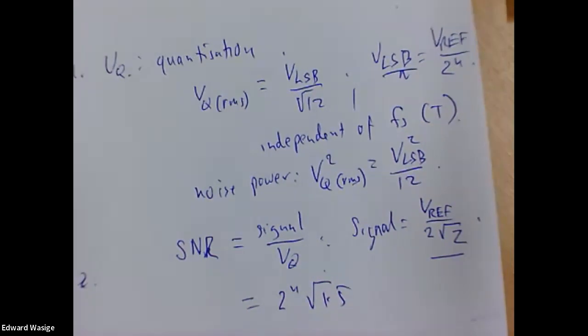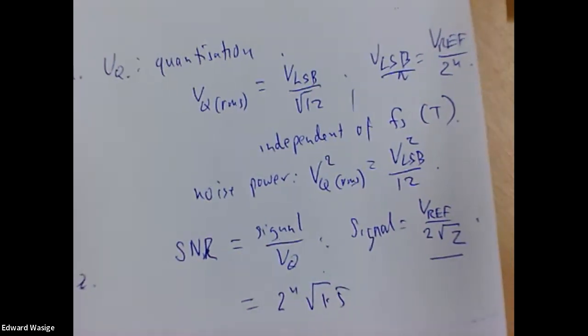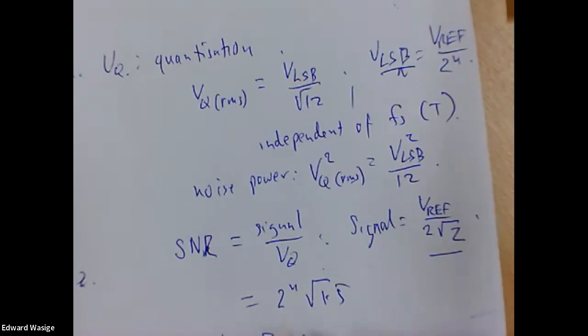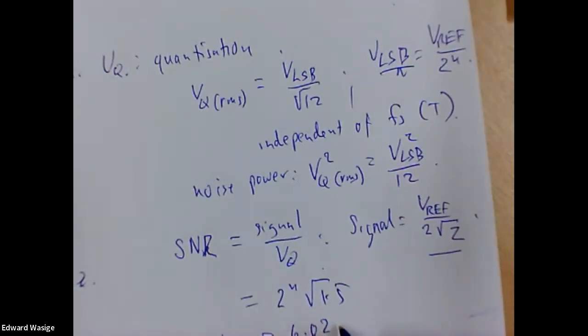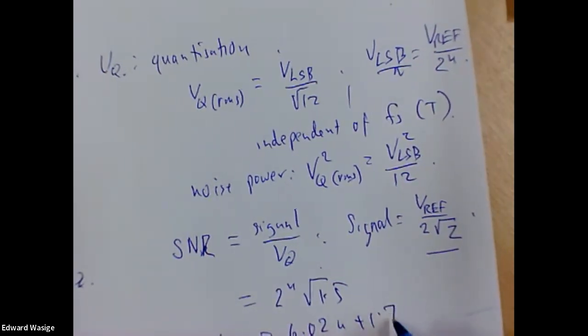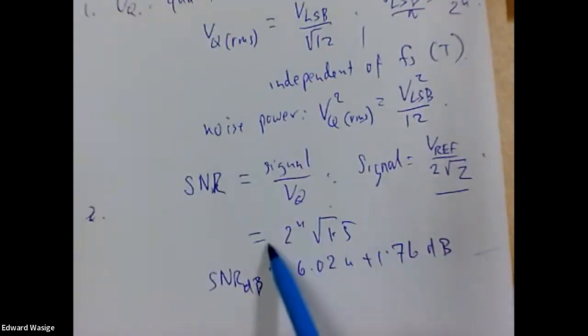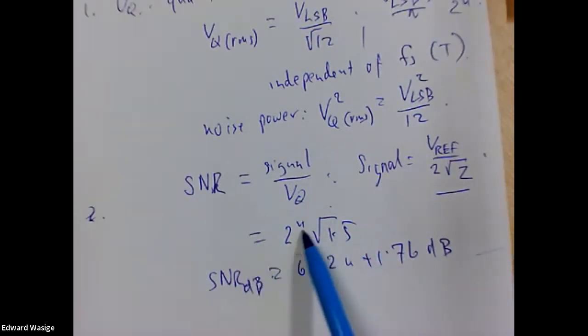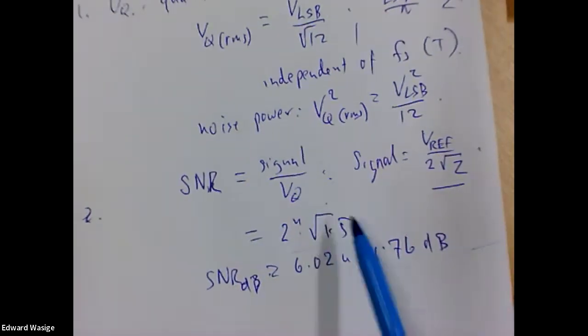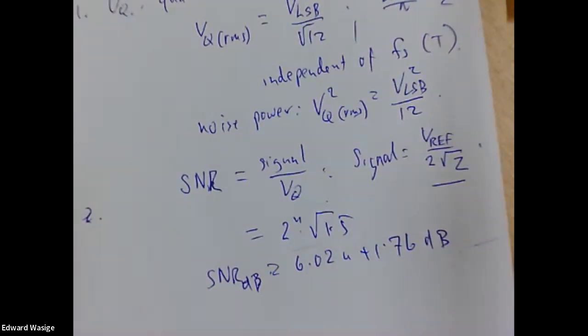And if we write the signal to noise ratio in decibels, this becomes 6.02 n plus 1.76 dB. So we can write it as a normal expression, or we can write it in decibels. We take 20 log of this value, and you end up with that.